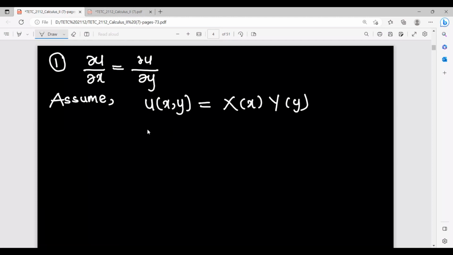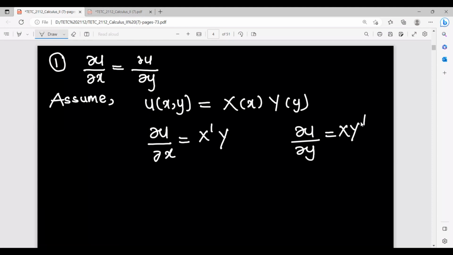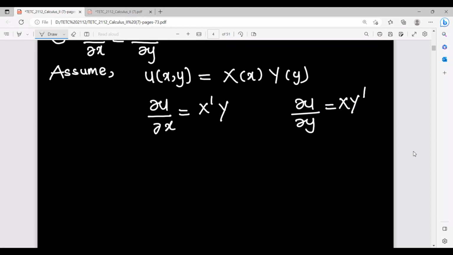So if we are assuming u as a product of capital X and capital Y, what is the expression for ∂u/∂x? It is X'Y, and ∂u/∂y equals XY'.